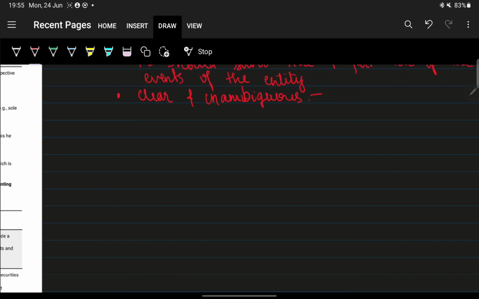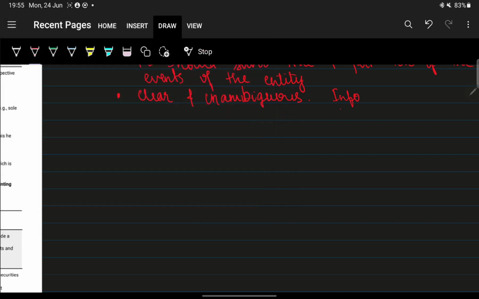So the information that is shown in the financial statement should be clear and unambiguous.